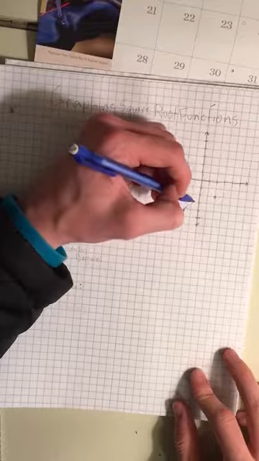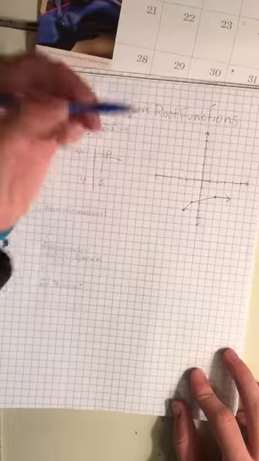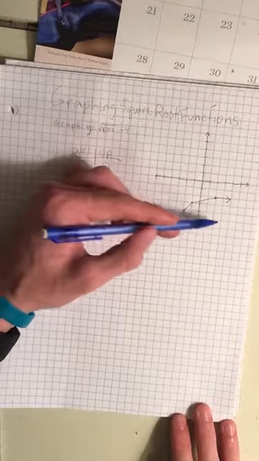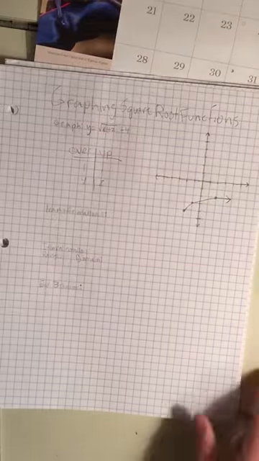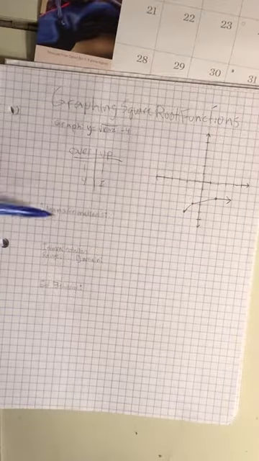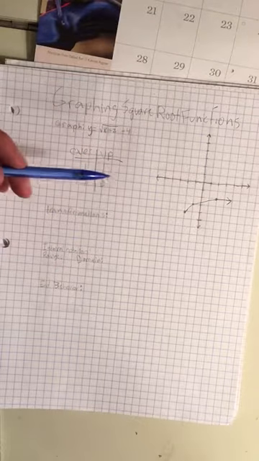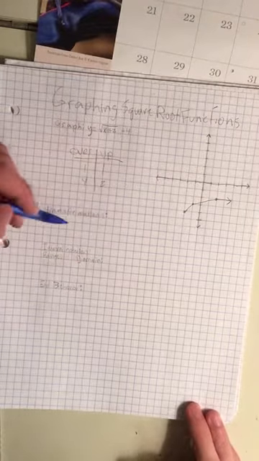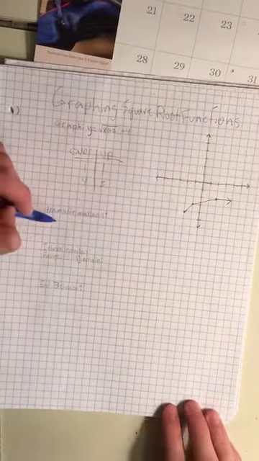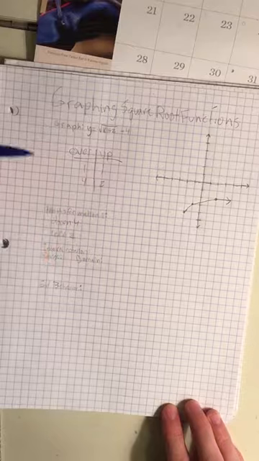There we go. And so your line is going to look like this, like half of a horizontal parabola. So the transformations here, we went down 4 and left 2. So we're going to put that down 4, left 2.